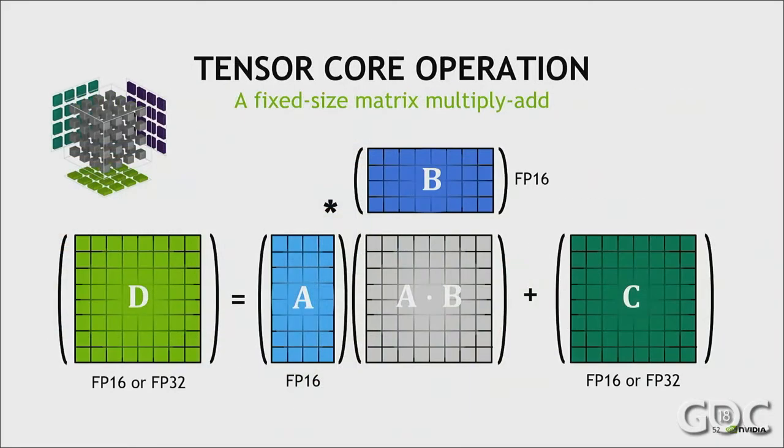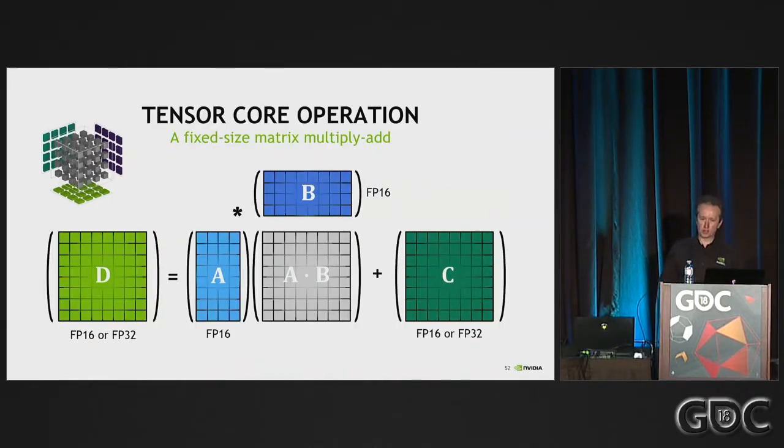So it turns out that Tensor cores are hardwired specifically to perform this fixed size matrix multiply accumulate operation, right? Given input matrices A and B, the Tensor cores compute their product, and then they add the result to a third operand C, storing it in the output, right?